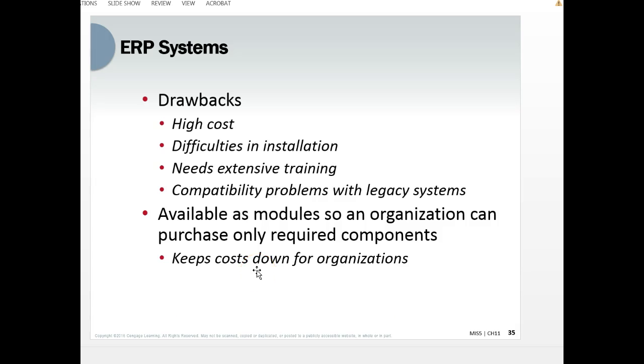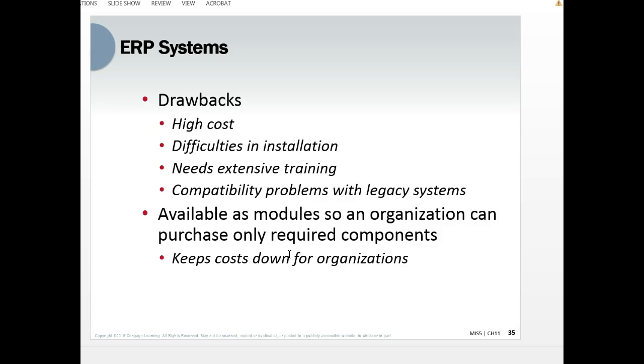ERP also has some drawbacks, such as high cost, difficulties in installation, it can be very expensive, and also you need to do a lot of extensive training, and there are compatibility problems with the legacy systems. Most ERP systems are available as modules, so they are modularized systems, so that the company can actually purchase only the components that they need.